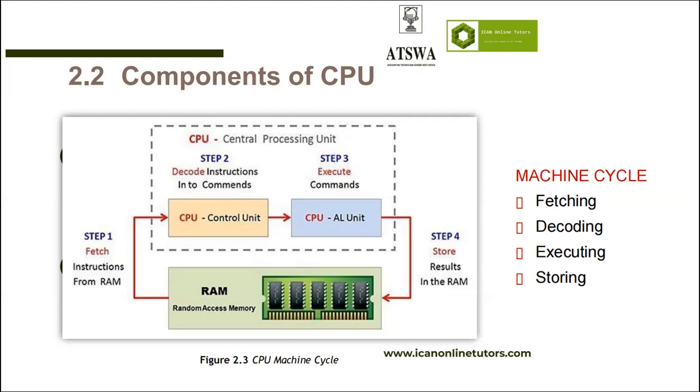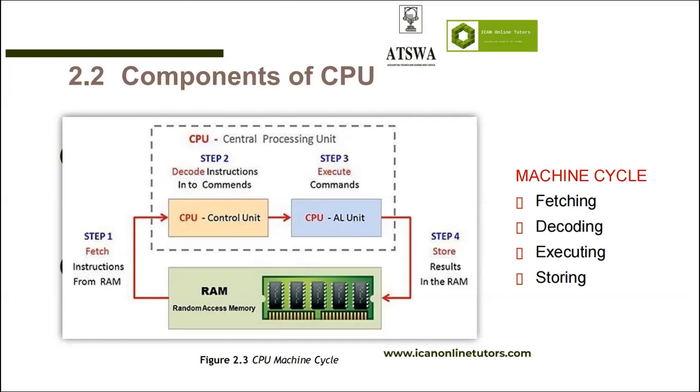You are not just sending instructions for sending's sake; you want to perform something. These executions take place in the arithmetic logic unit of your CPU. So your CPU has subunits: the control unit and the arithmetic logic unit.